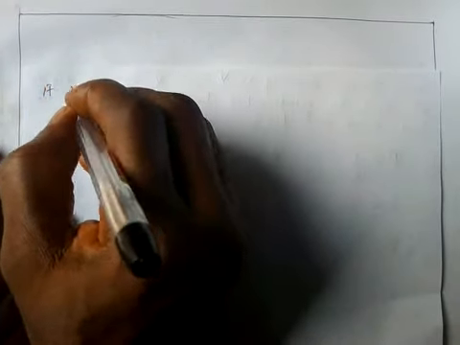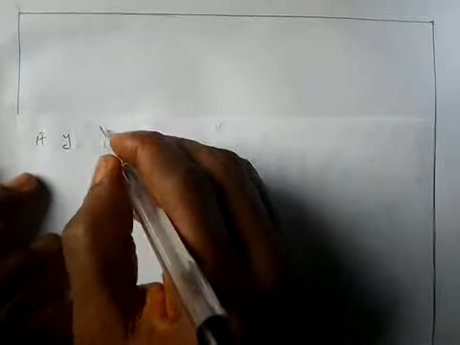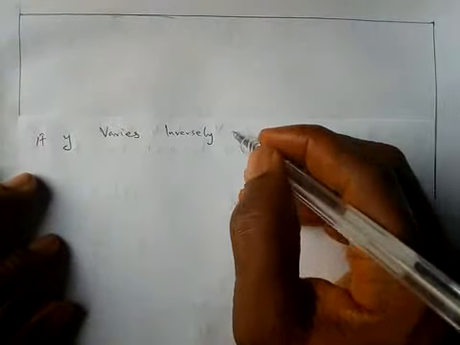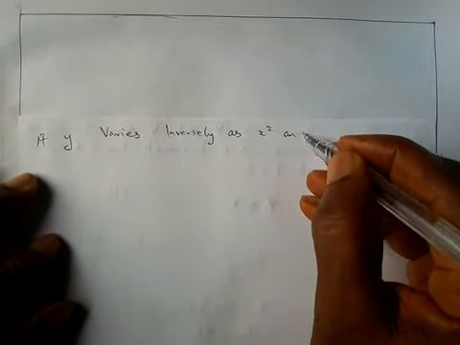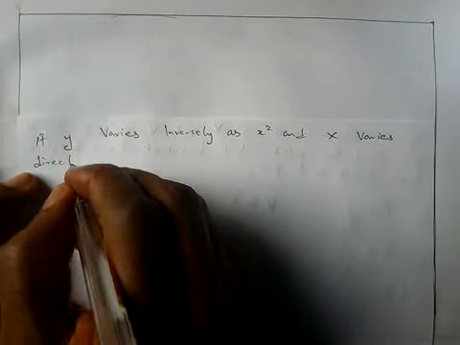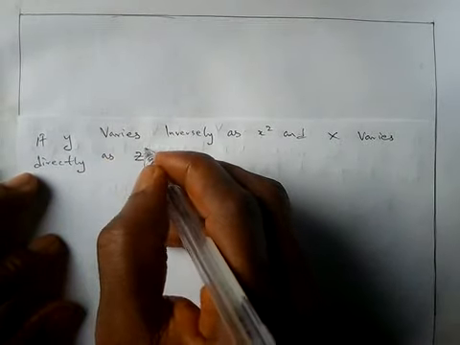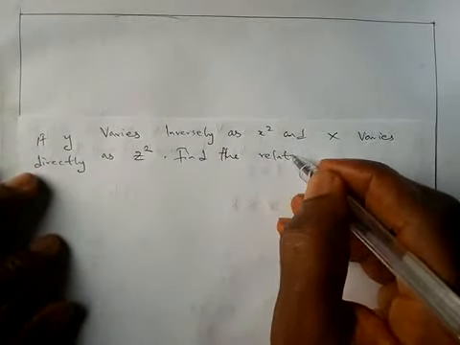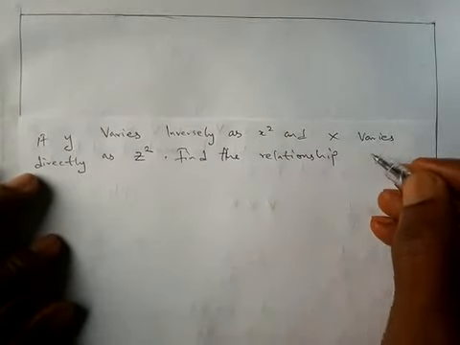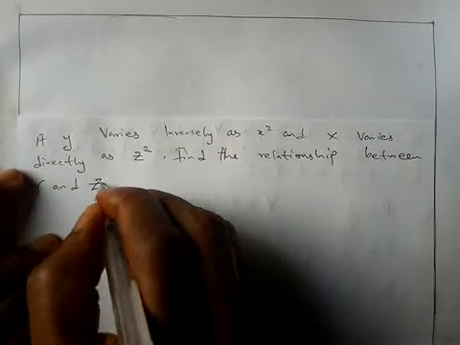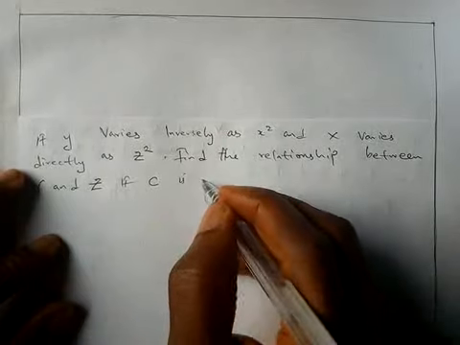Okay, the next question is saying if y varies inversely as x squared and x varies directly as z squared, find the relationship between y and z if c is a constant.